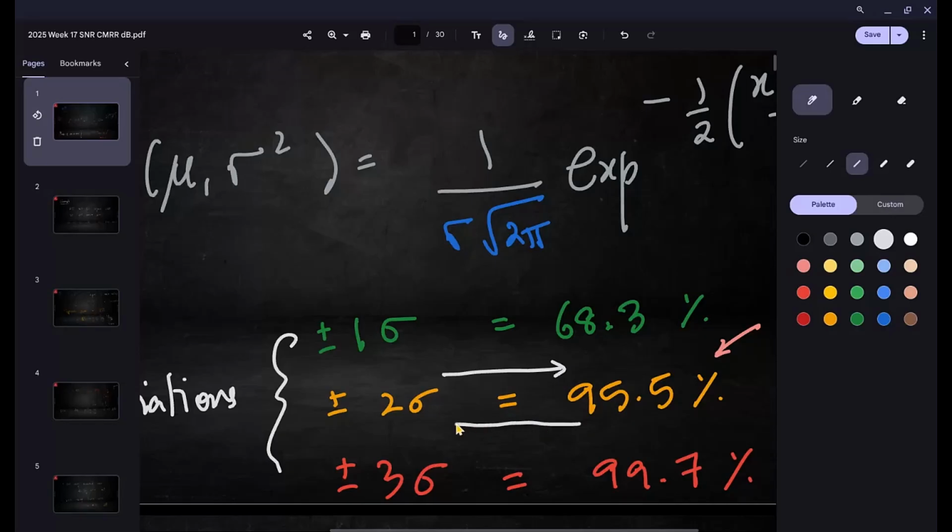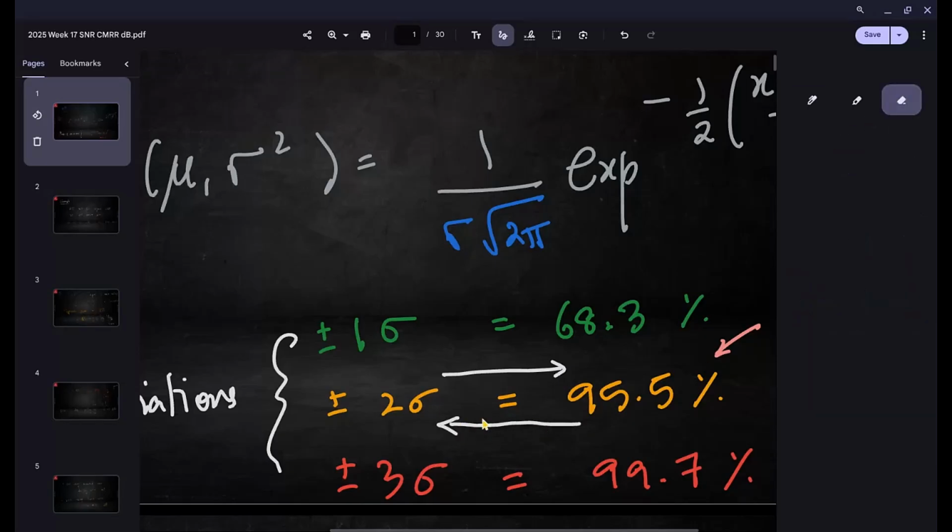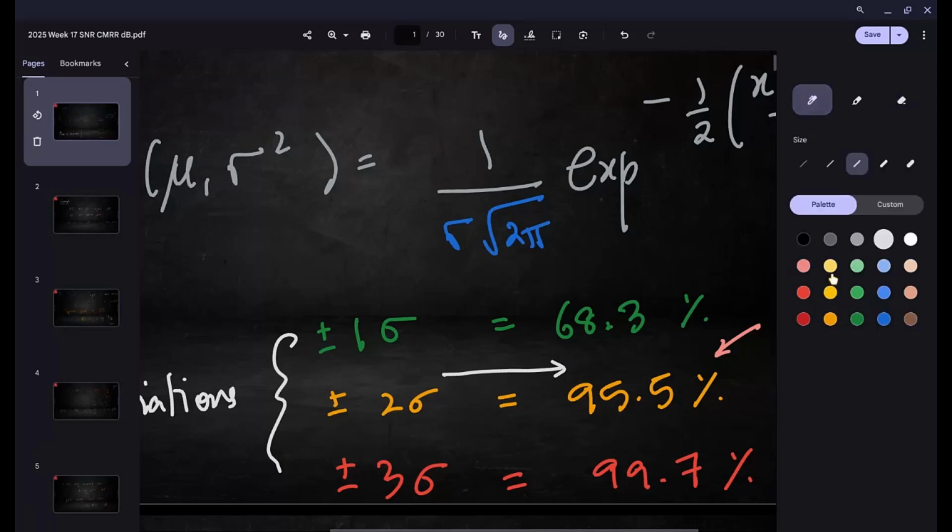Given the probability, you should be able to calculate the bound. For some reason, this backward arrow is slightly harder. That is what we did. The forward arrow, mostly all of you, this is straightforward. But given chance, can you find the bound? Essentially, it's the same problem.